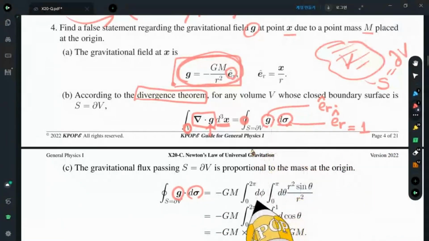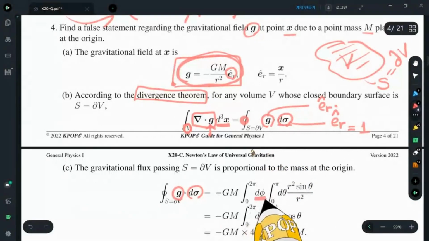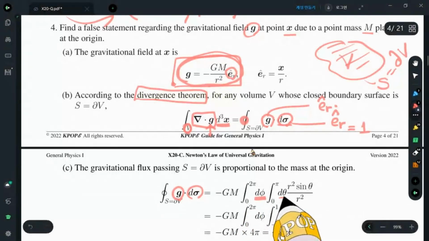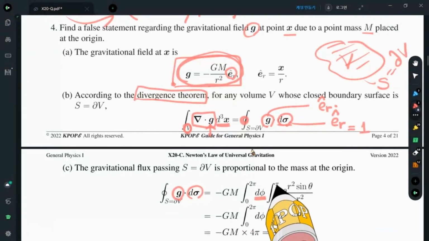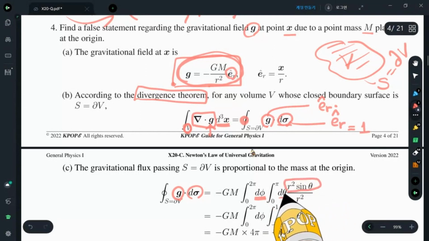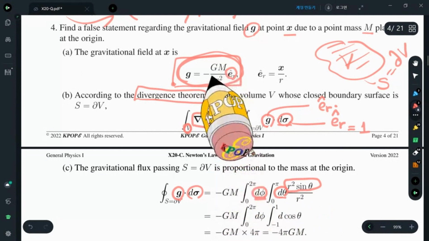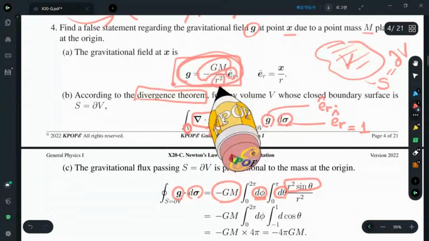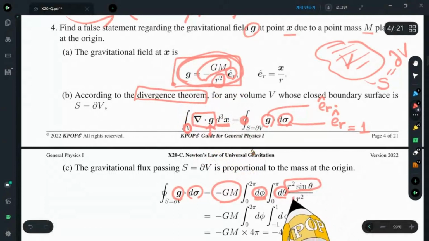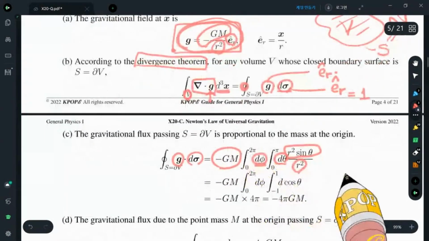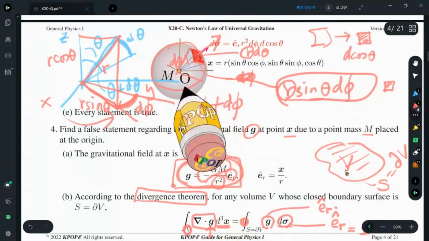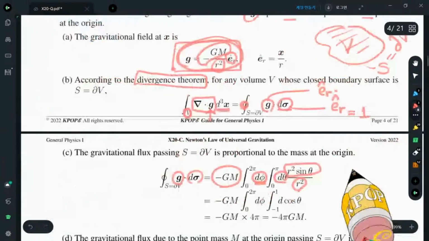So now we have just the integral over the azimuthal angle from 0 to 2 pi, and the polar angle from 0 to pi, and this is the surface element multiplied by these differentials. And then we have the factor minus GM, and we have the denominator in the integrand. Now we evaluate this integral over a surface of a sphere of radius r.